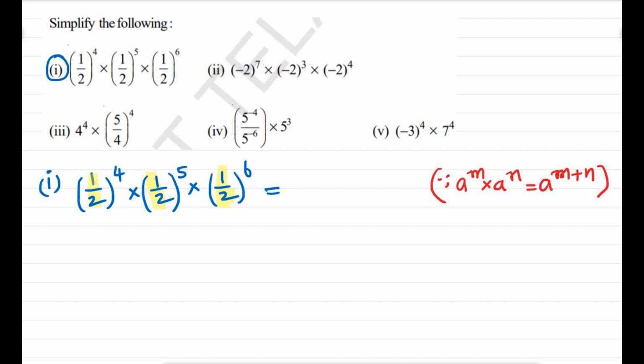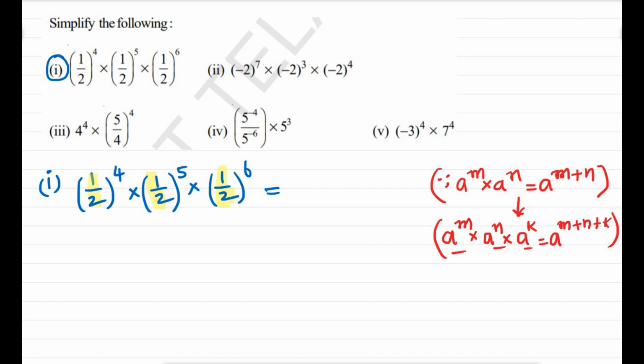If a to the power of m into a to the power of n into a to the power of k is given, this can be written as a to the power of m plus n plus k. We can extend the law as many times as needed. However many terms there are, if the base is the same, the powers can be added.